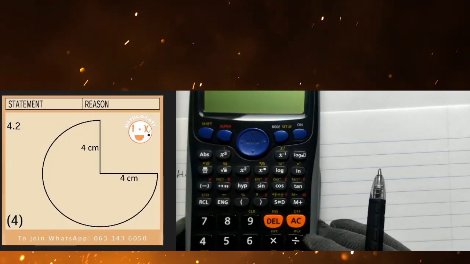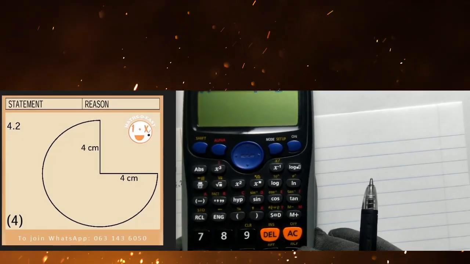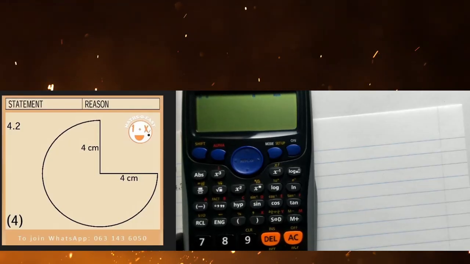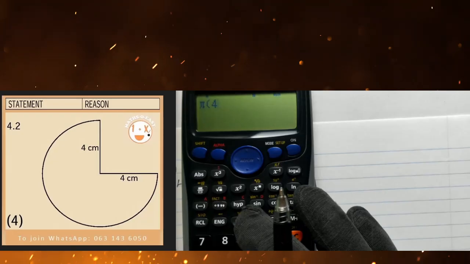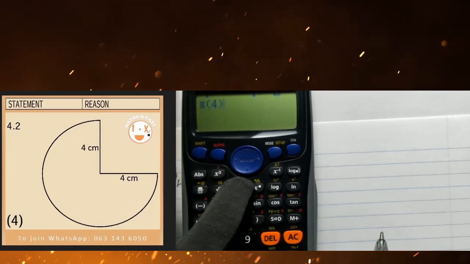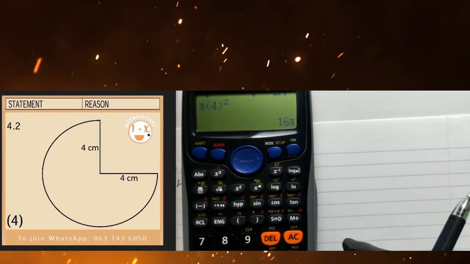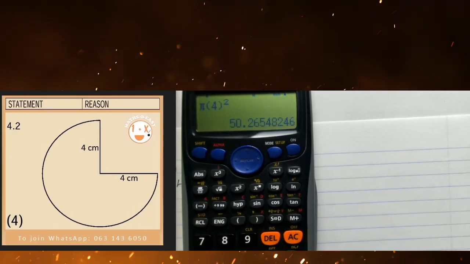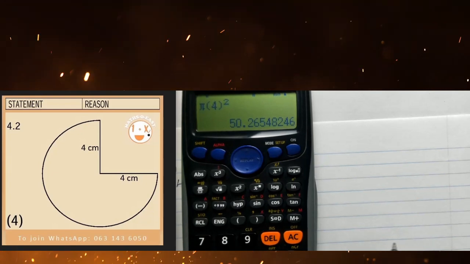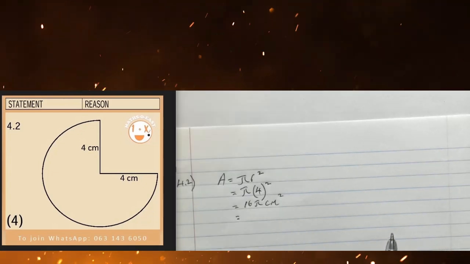I'm going to press shift, then the button which is pi, then 4, close the bracket, then I square it. What will I have? I will have 16 pi. Then I press SD, which gives 50.27.